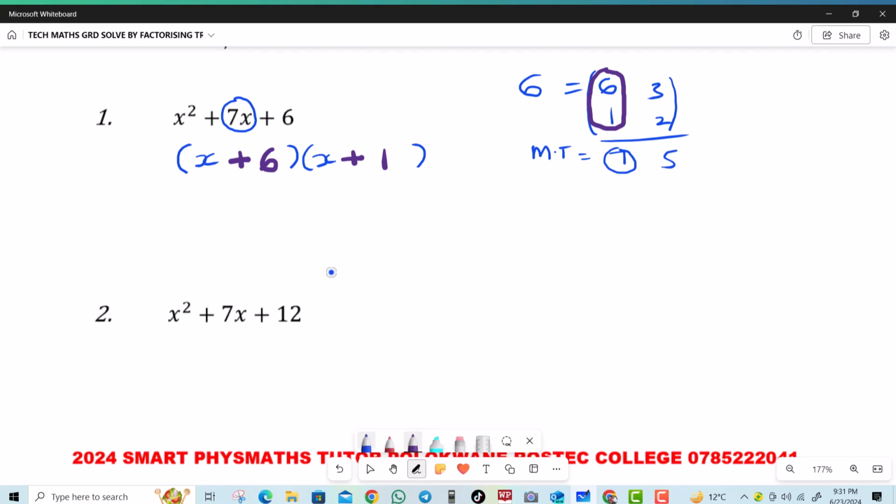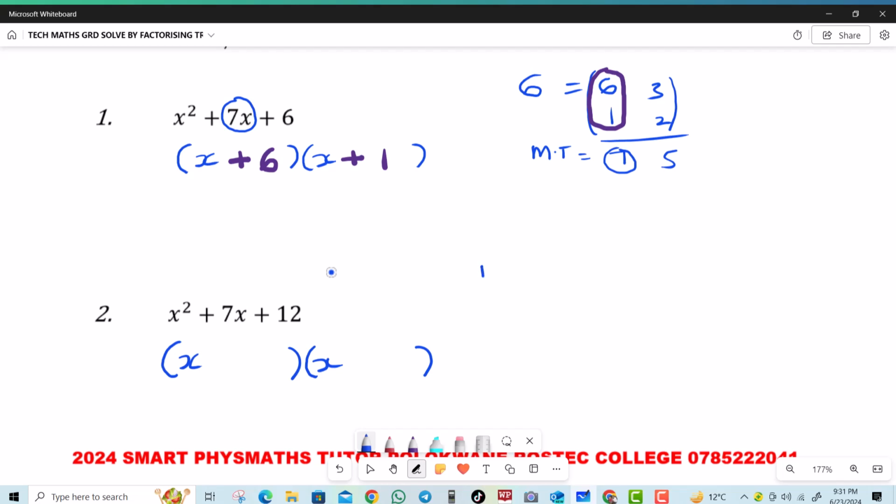Example 2, factorize again. Because of x squared, again, we're going to have two brackets. We're going to be having our x here, another bracket, again x here, then close the bracket. Why? Because x multiplied by x gives us x squared. Now look at our constant term, which is 12. So what are the factors of 12?